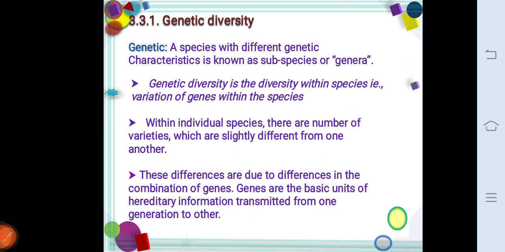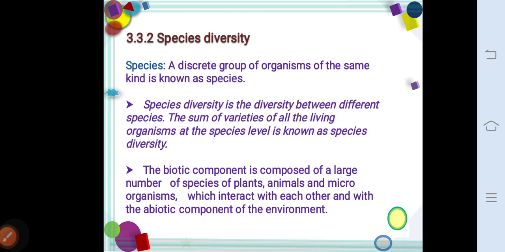The biotic component is composed of a large number of species, plants, animals, and microorganisms, which interact with each other and with the abiotic component of the environment. The total number of living species on earth is more than 20 million, of which only about 1.5 million living organisms have been found and given scientific names.